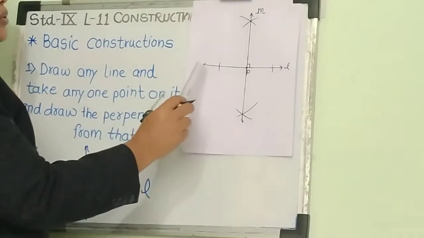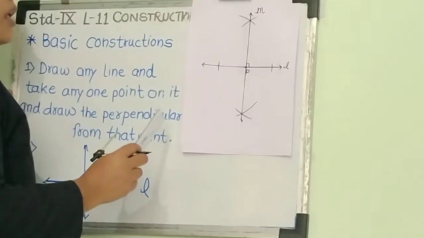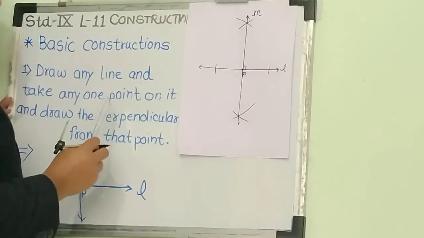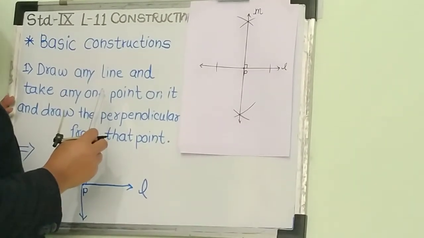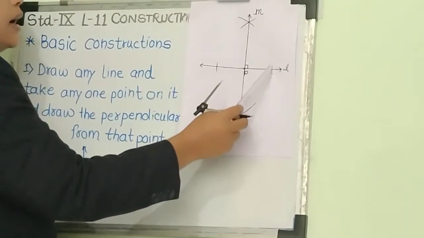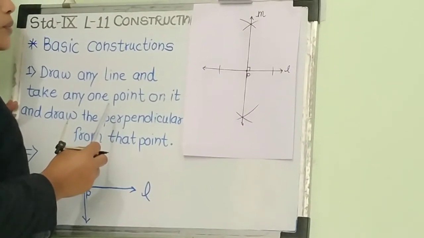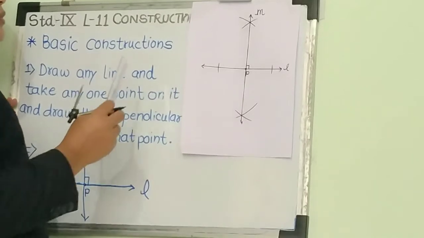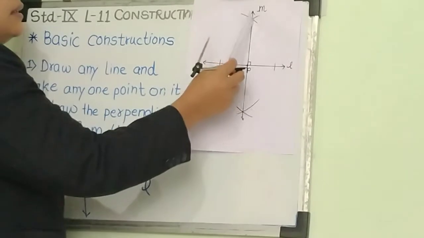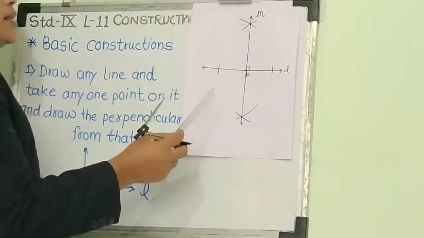So first you draw a line, then take any point P on it. Then from point P you mark the arc on both the sides with fixed length, and from these marked arcs you draw the up and down intersecting arcs with fixed length.